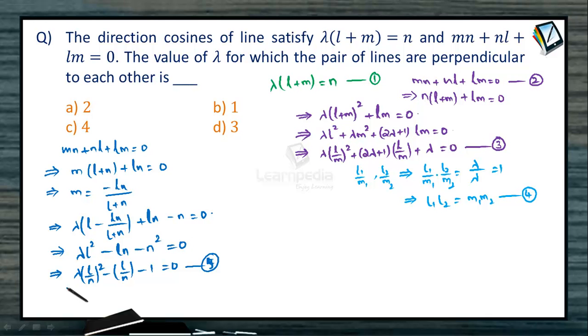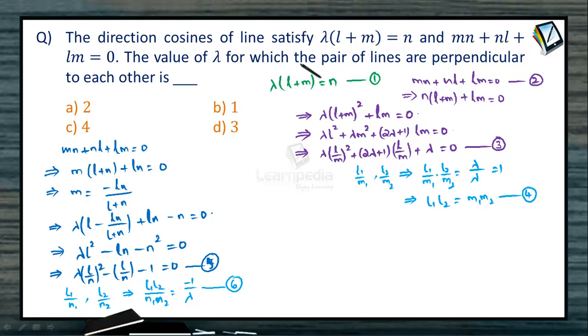Then this equation will have two roots, one is l1 by n1 and the other is l2 by n2. Then from this equation, what is the product of the roots? l1 l2 by n1 n2 will be equal to minus 1 by lambda. So we will treat this as condition 6. This will also relate l1 and l2 with n1 and n2, the DRs of the two lines required.